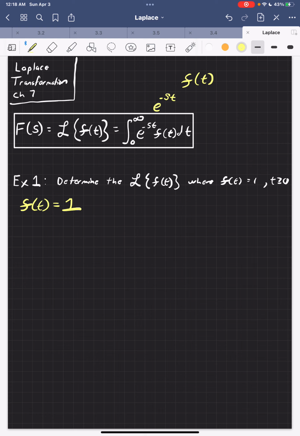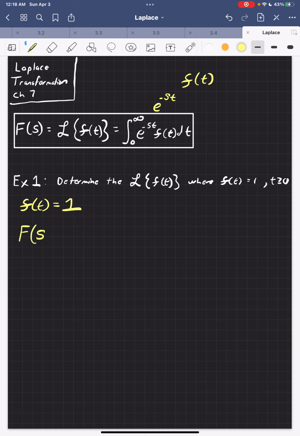Looking at the definition of the Laplace transformation, you can imagine that I'm inserting a 1 here for your f of t function. Let's go ahead and write that out.